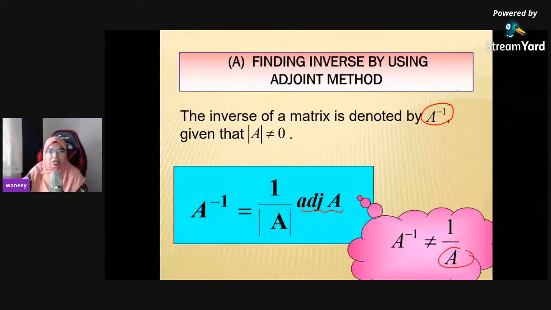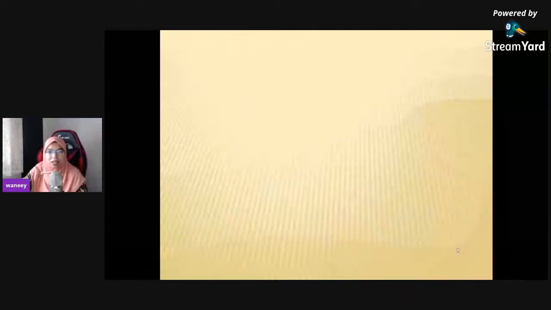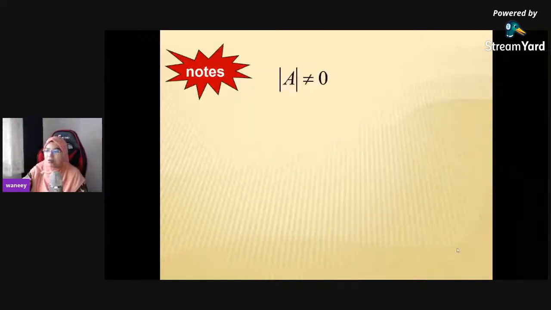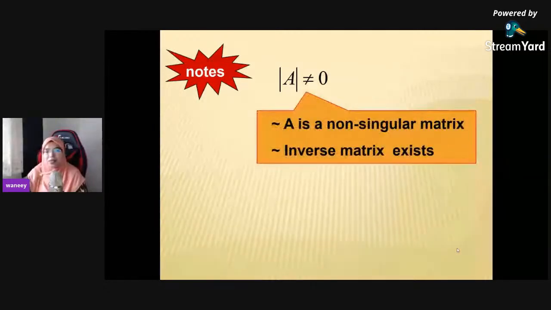Okay, so now determinant of A cannot be equal to 0. So why is that? Because if determinant of A is not equal to 0, A is called a non-singular matrix. So that means the inverse matrix does exist.